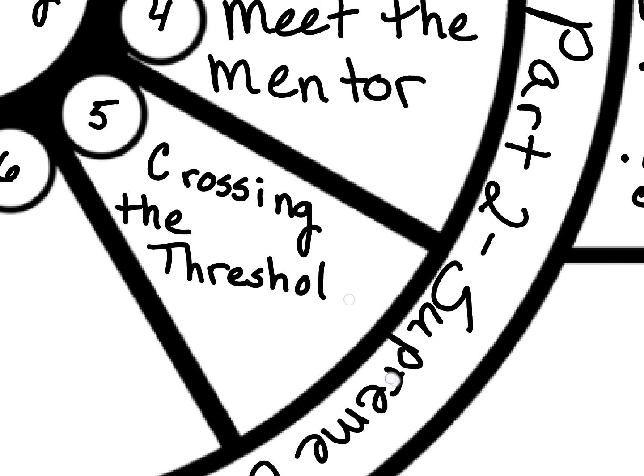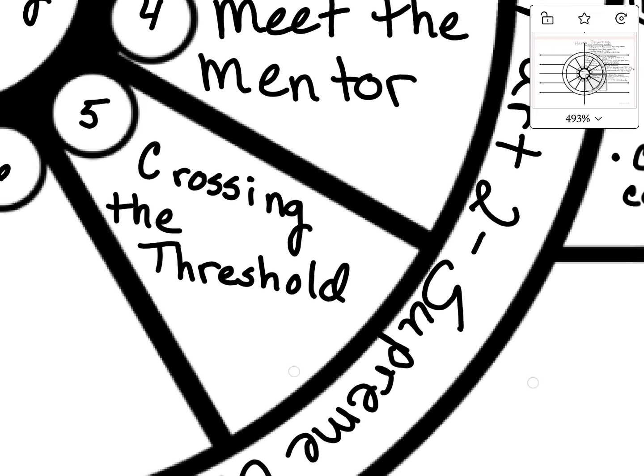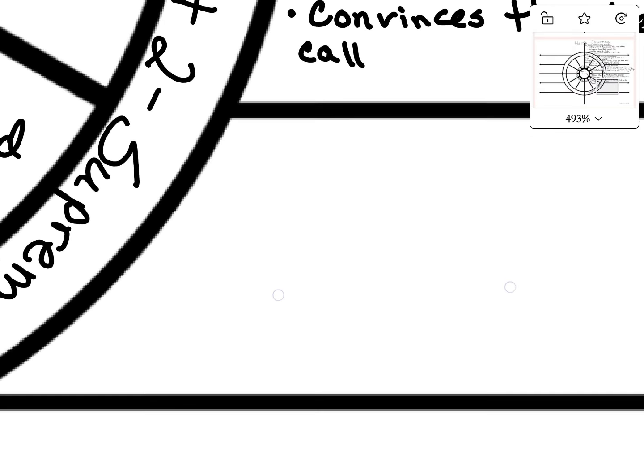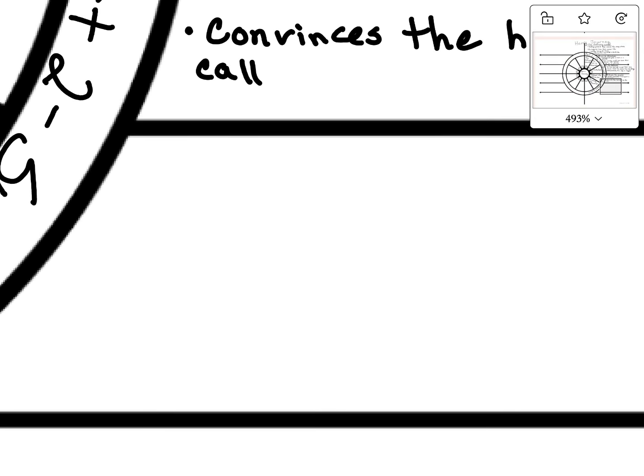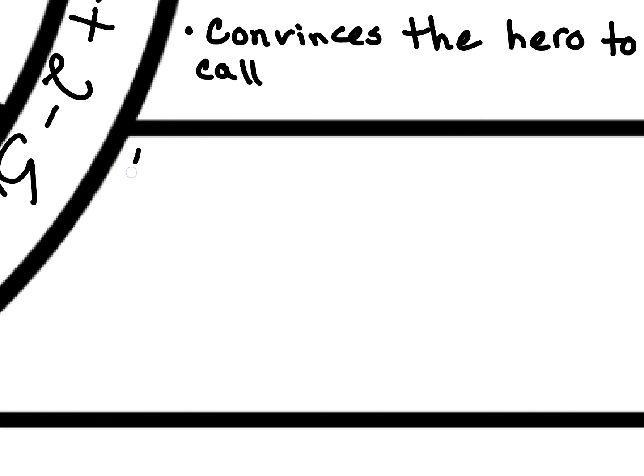Now, this can be something literal, like crossing the threshold where Dorothy in The Wizard of Oz literally steps out the doorway of her old house and her old boring black and white kind of life that she was leading into a life that is lived in full color inside of Oz.